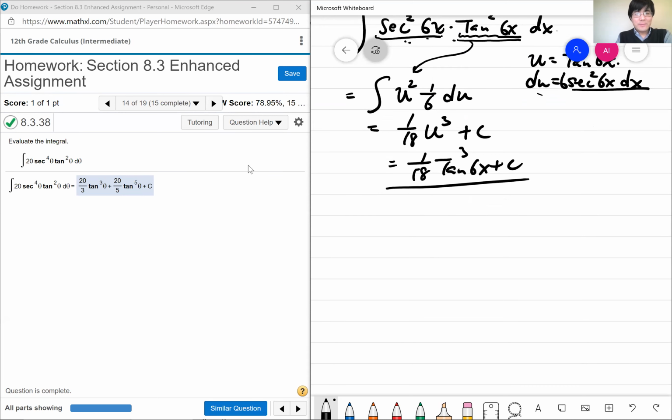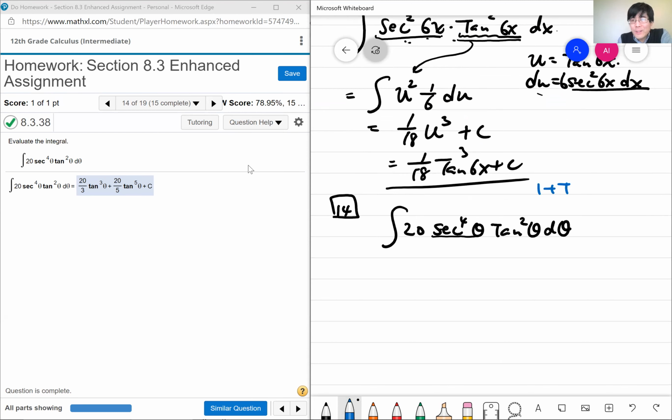Number 14. So now I have 20 secant to the 4th tangent squared d theta. Now, what should we do when you have 4 secants instead of 2? Well, we are going to use the Pythagorean theorem to convert one of the secant squares into tangent.